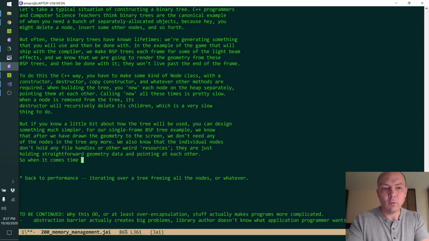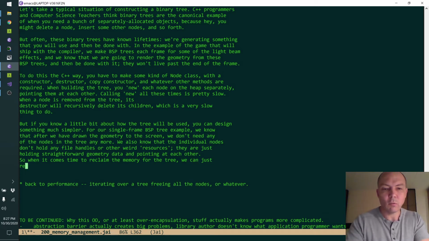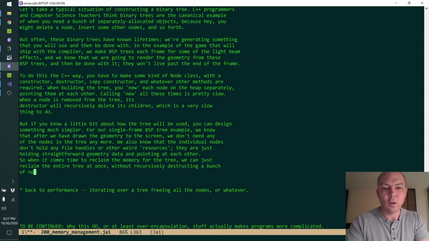So when it comes time to reclaim the memory for the tree, we can just reclaim the entire tree at once without recursively destructing a bunch of nodes.